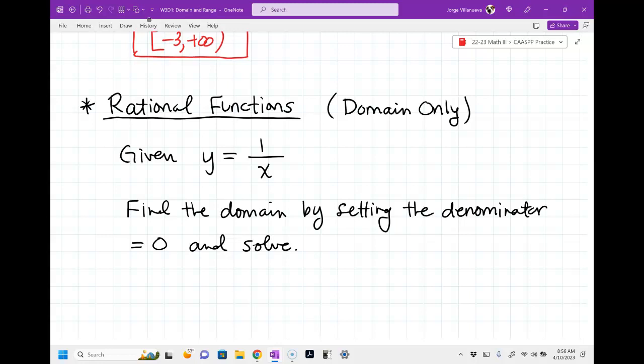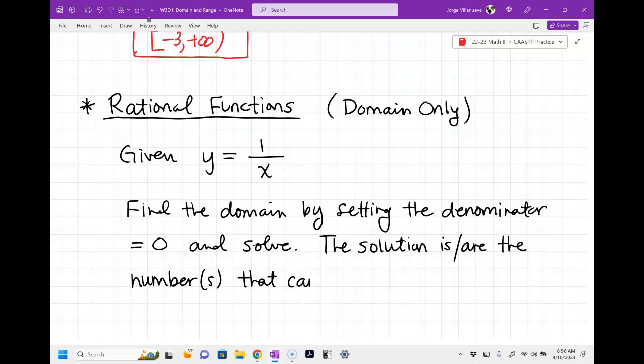Okay? Whatever you get, that's the numbers you can't use. Okay? So I'm going to put the solution is or are the numbers that cannot be used.